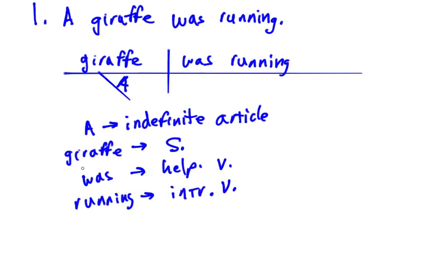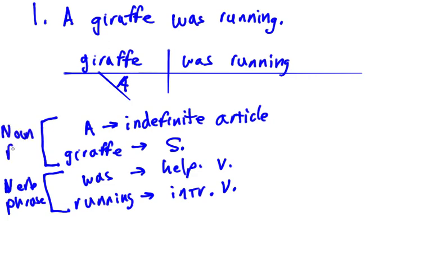Now we have to add our braces here. So we've already seen things with like was running, and this we know is a verb phrase, a group of verbs working together. And then here, a giraffe, this is our first noun phrase. A noun phrase using the indefinite article a. Okay, let's go on.